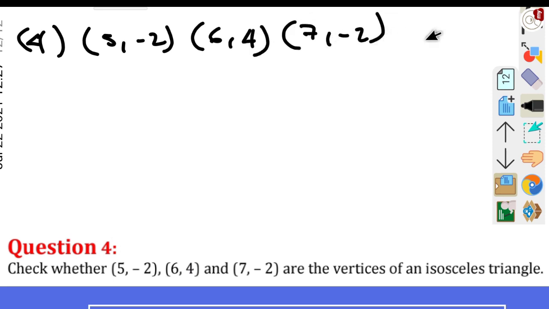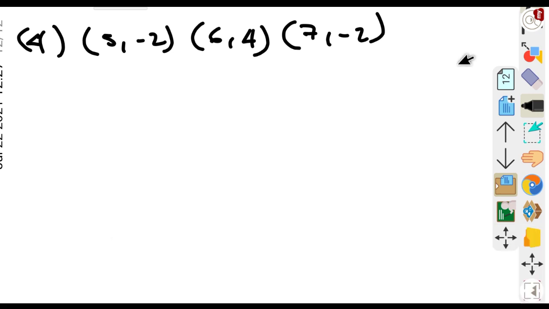Now what is meant by isosceles triangle, children? I think you know the definition of isosceles triangle, right? So isosceles triangle means two sides are equal. Now how will you check whether the given coordinate points are the vertices of an isosceles triangle? For that you need to use the distance formula again.